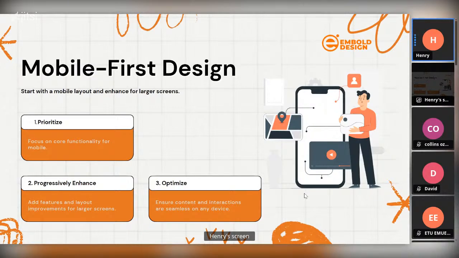And then progressively enhance, add features and layouts for larger screens. Of course, as we move from smaller screen sizes to bigger screen sizes, we can then begin to add more features.